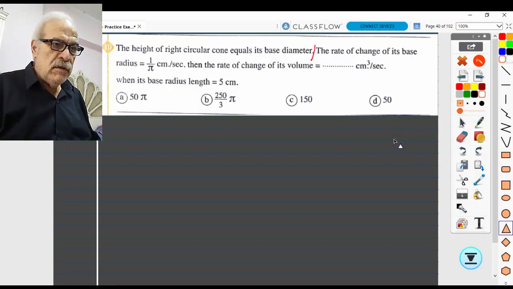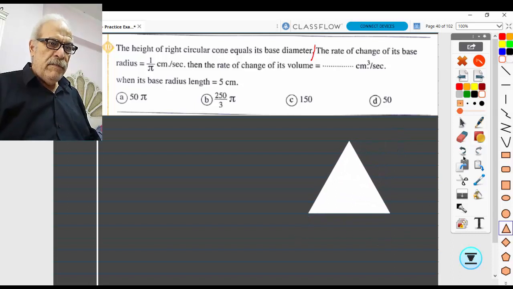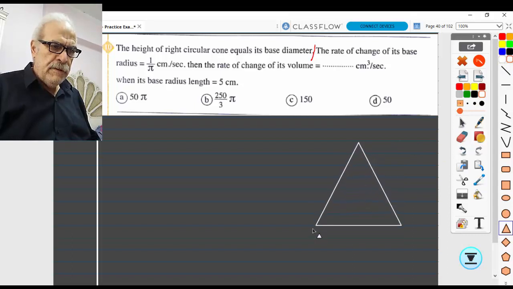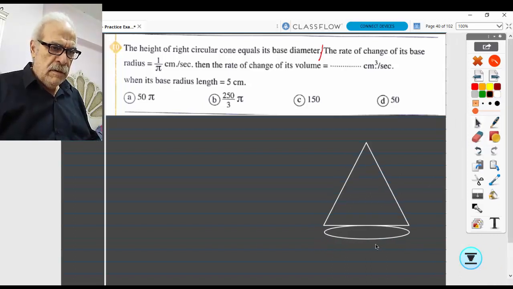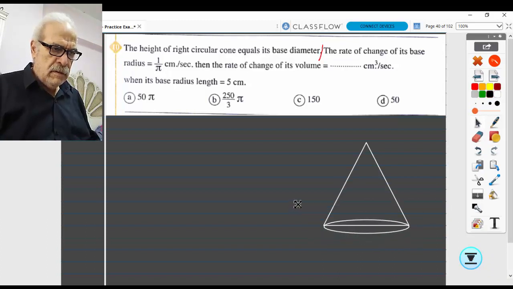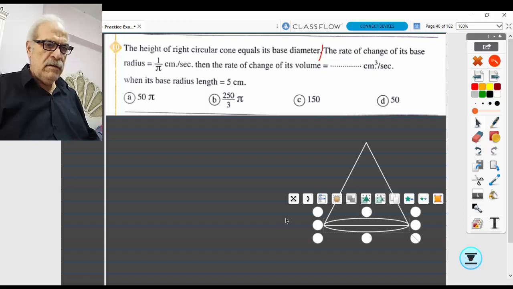First we draw this triangle here and remove it here. And we draw its base like this.